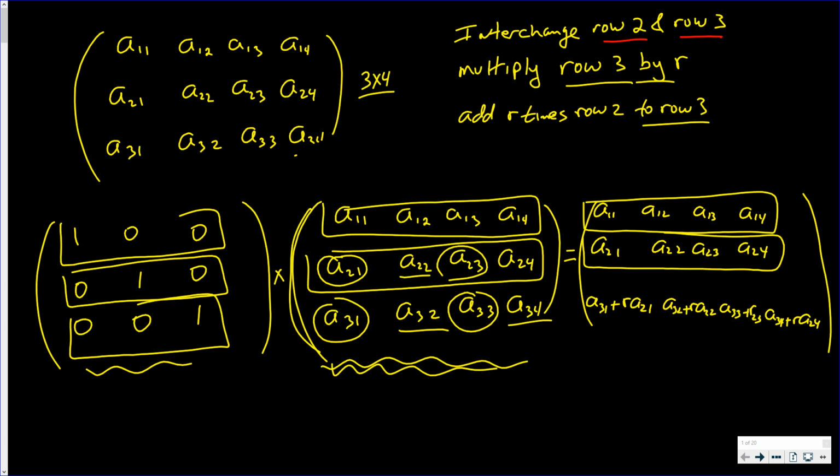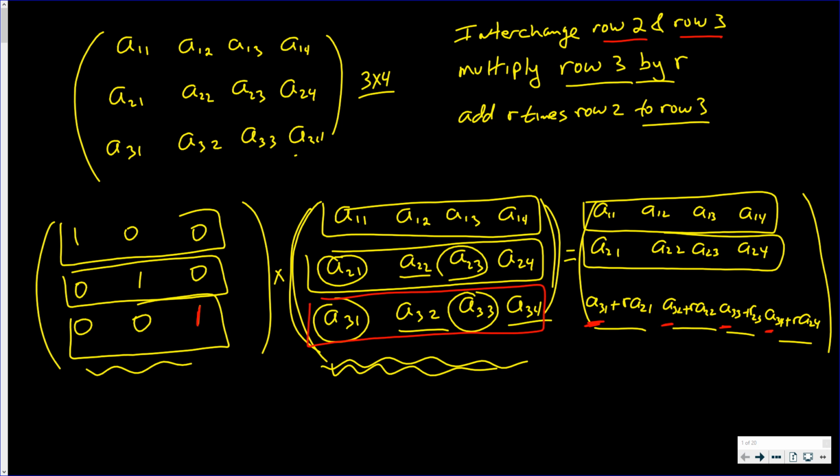But if you notice, I do get, among other things, row 3. That is, the first entry from column 1 is there, entry from column 2, entry from column 3, and entry from column 4 is there. So it makes sense that I have a 1 here.